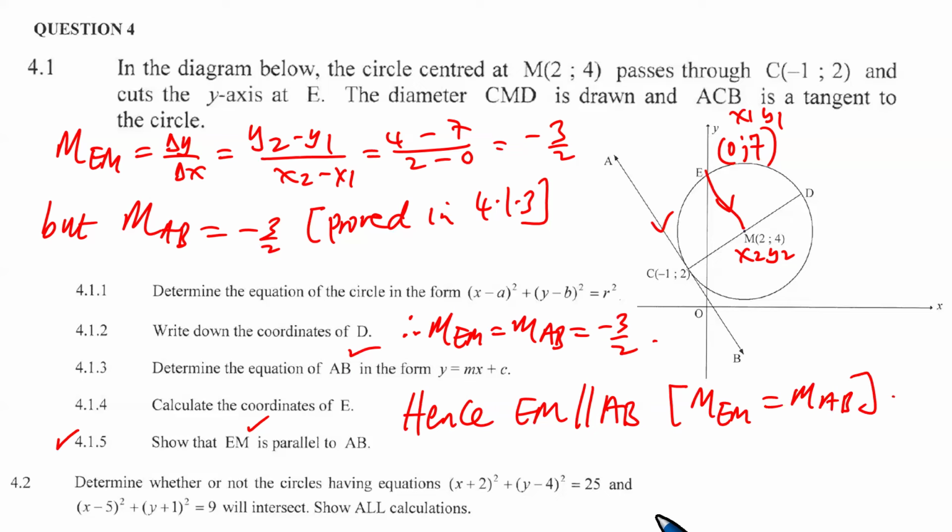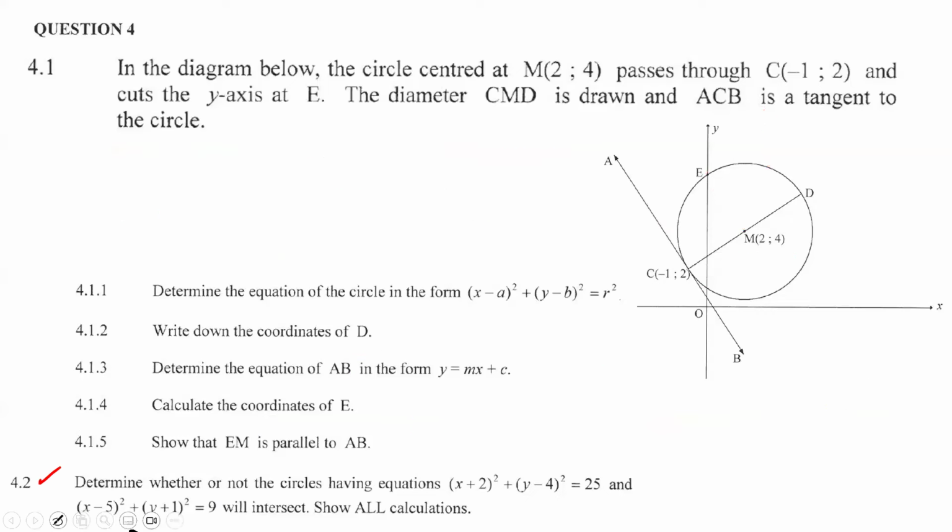Right, having solved the 4.1.5, we continue to look at the next one. And the next one is 4.2. Determine whether or not the circles having equations that and that will intersect. Show all calculations.